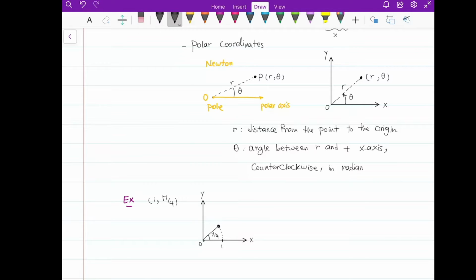The angle is pi over 4 counterclockwise from the positive x-axis to the distance r. r here is 1, so this point would be the point (1, pi over 4).